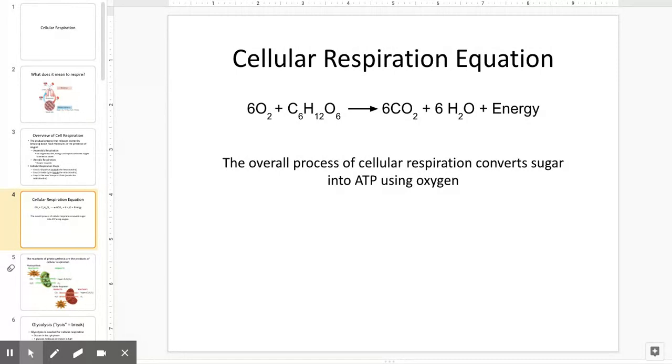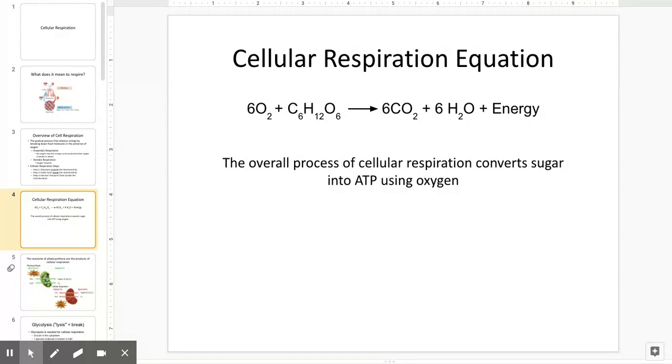The equation itself is something that you really need to kind of commit to your biological memory, if you will, as well as being able to describe it using chemical symbols.